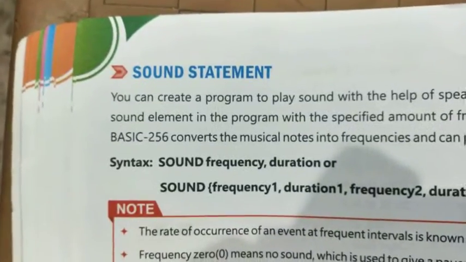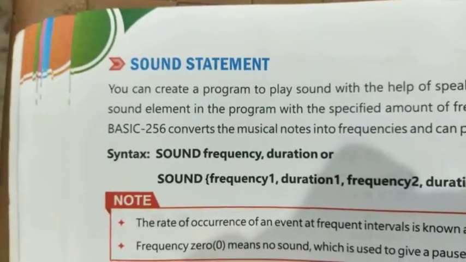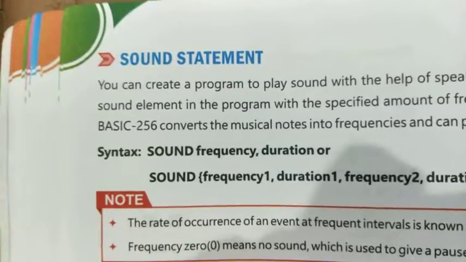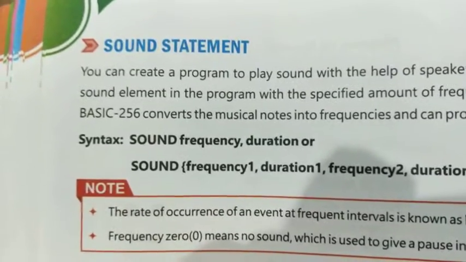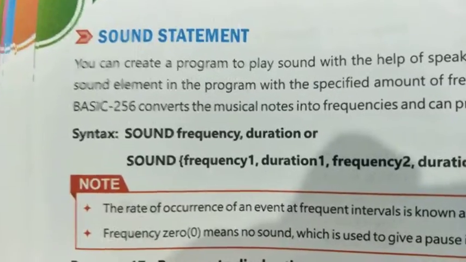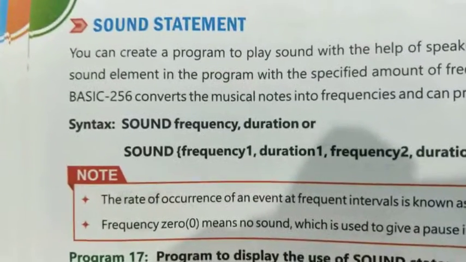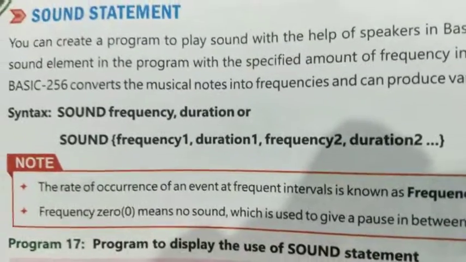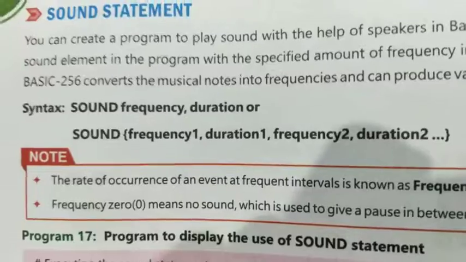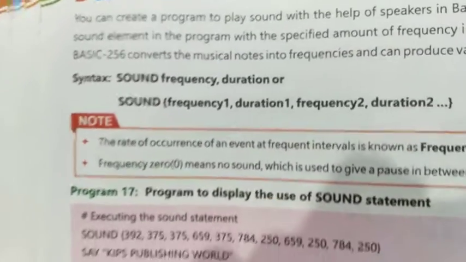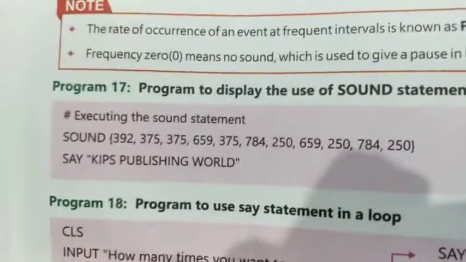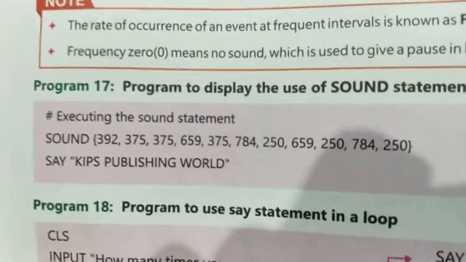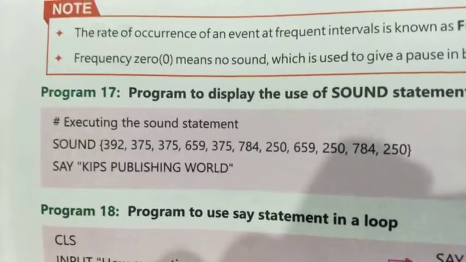The next is the SOUND statement. This command will produce a musical sound. The syntax of this command is SOUND frequency, duration, or SOUND frequency 1, duration 1, frequency 2, duration 2. Like this you have to assign, then it will produce the sound. You can try different sounds by giving different frequencies, that means different numbers.